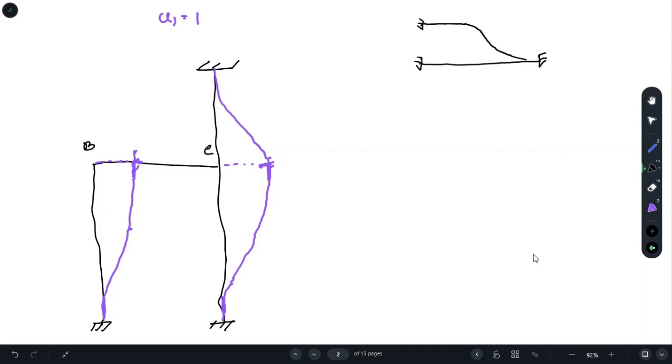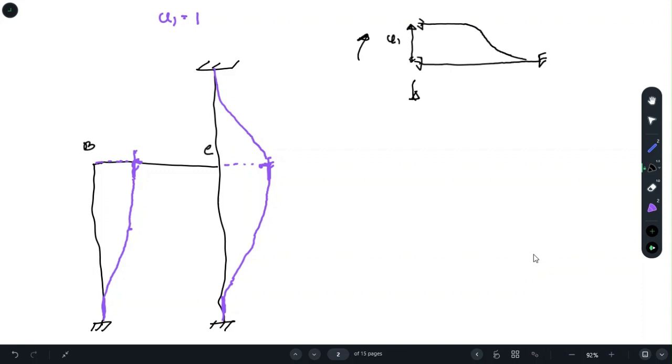So let's say it has been displaced at a unit displacement of E1, this displacement. So how much will be the moment and how much will be the reaction? If the displacement is in this direction, which is clockwise, the moment will be anti-clockwise, like that.